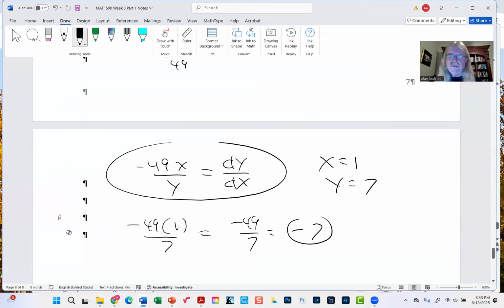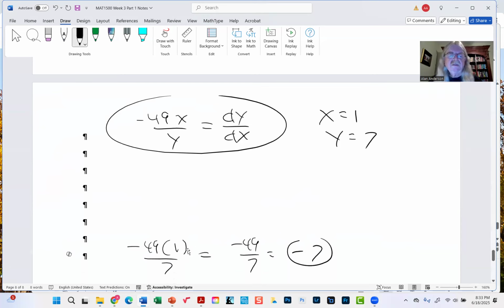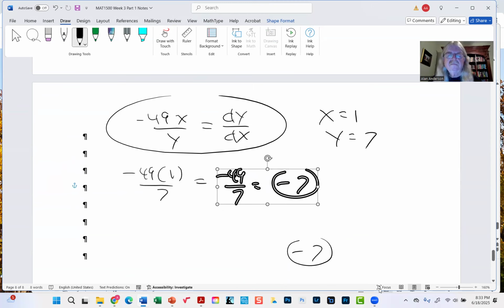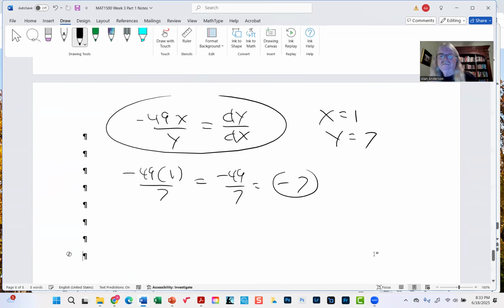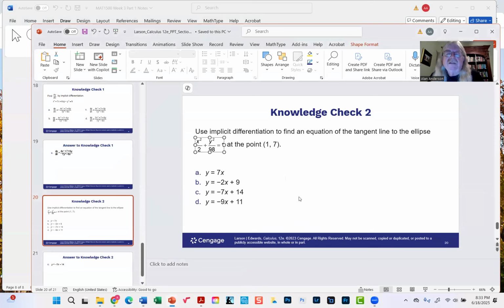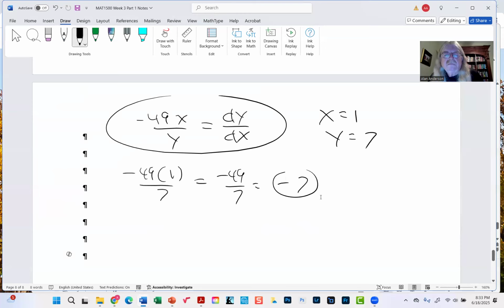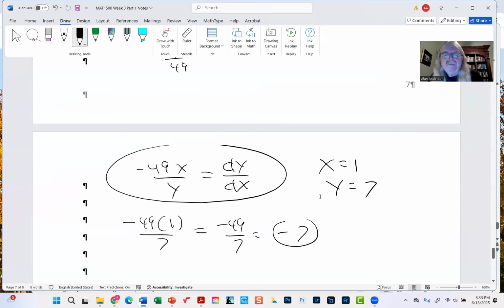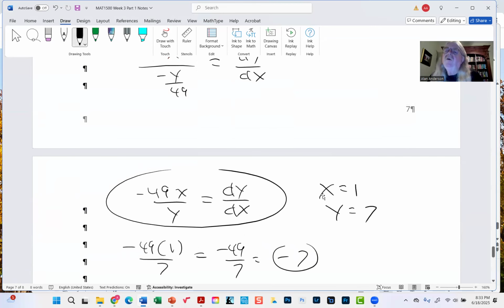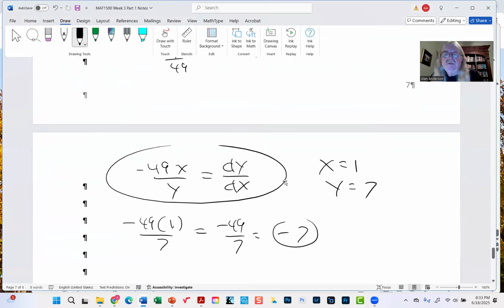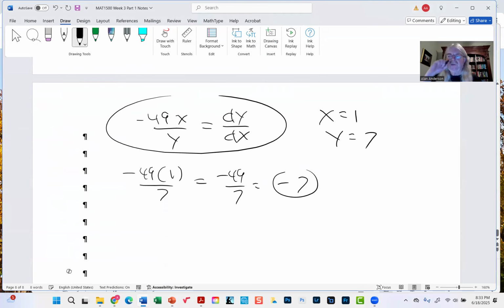All right. Okay, so in other words, the slope is -7, but the equation of the line is going to be, okay, I missed that part. They want the full equation of the line.